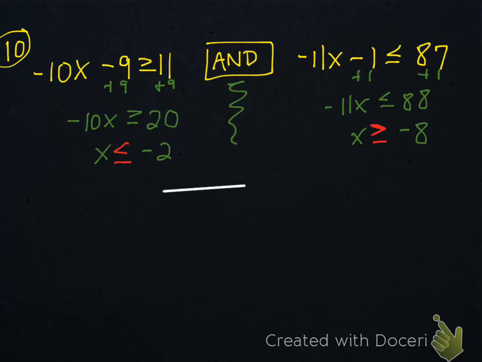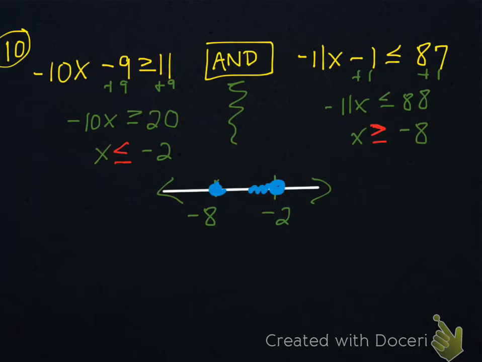So let's draw our number line in here. Negative 8 or negative 2, what comes first? Yeah, the negative 8 comes first. Then the negative 2. Cool part, they're both equal to, so they both get closed dots. But let's look at where we're supposed to shade. From negative 2, it says shade to the left.